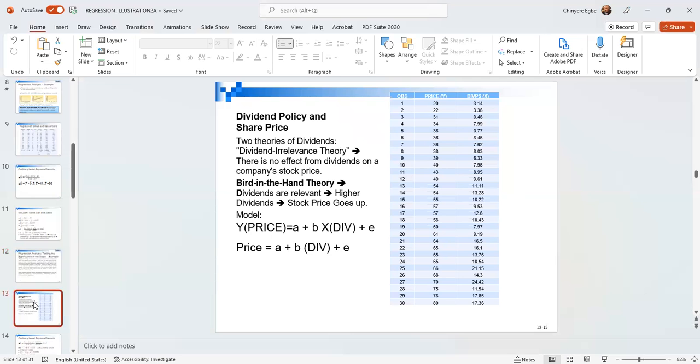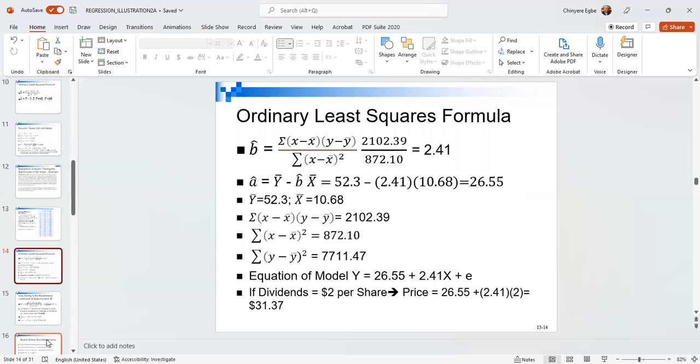This is another example that we estimated here. And we said that the basic price of a share of stock is about $26. But for each $1 of dividend, the price of the stock would increase by $2.41. That is what our model equation here is telling us.